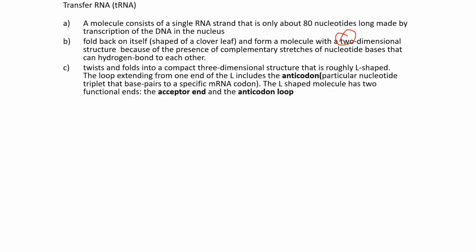To be precise, there are 3 ends: the 3 prime end, the 5 prime end, and the anticodon loop. But the functional ends are only the 3 prime end and the anticodon loop. The 3 prime end is also known as the acceptor end.